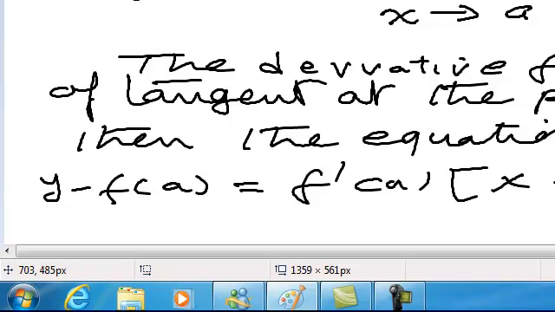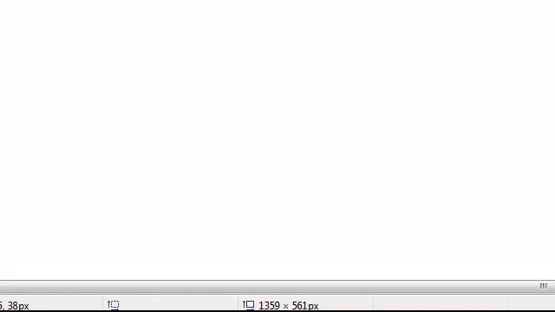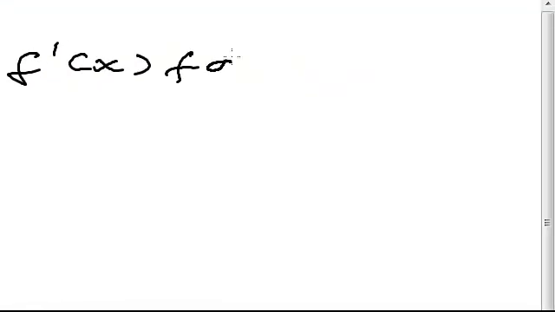Now, example 1. Find f dash of x for the function f of x equals x square.